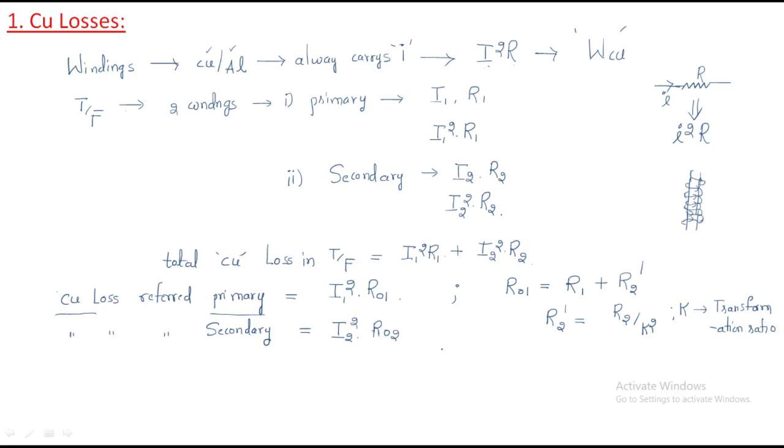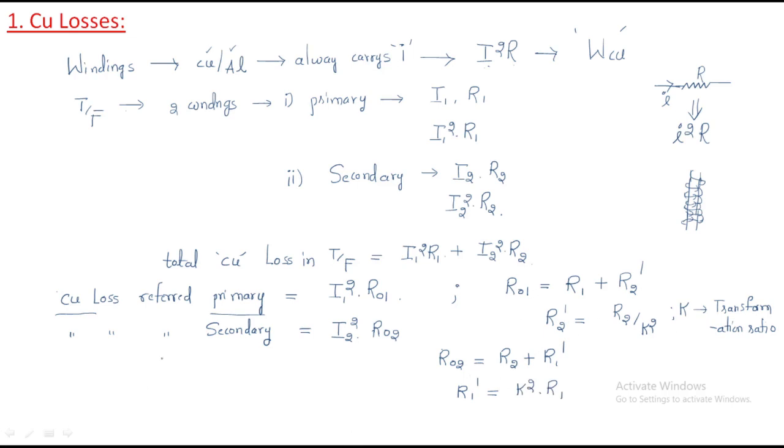R02 is the combination of R2 plus R1 dash, where R1 dash is K square into R1. K is the transformation ratio.